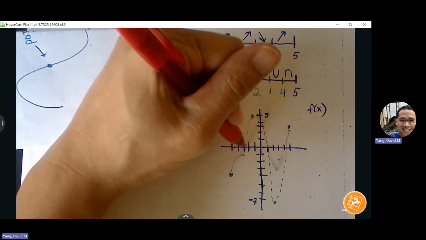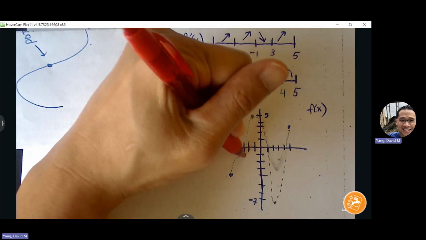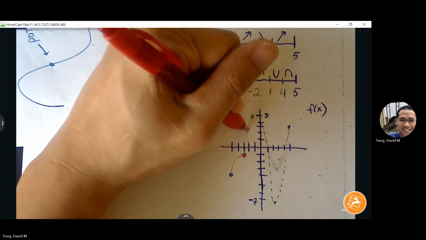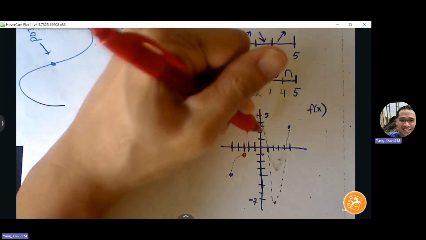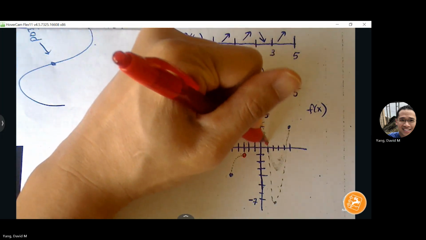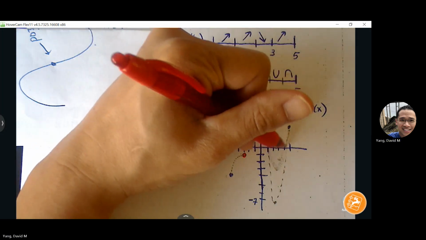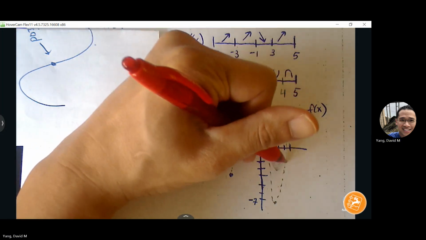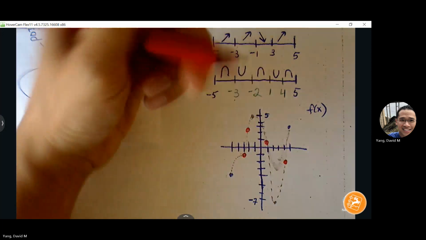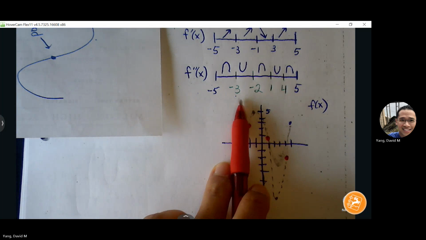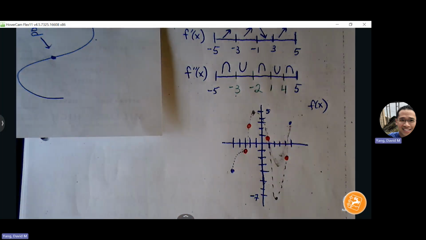So -3 here, -2, +1, and 4. Why are those points? Because those are my points of inflections. Those are places where my graph is going to change curvature.